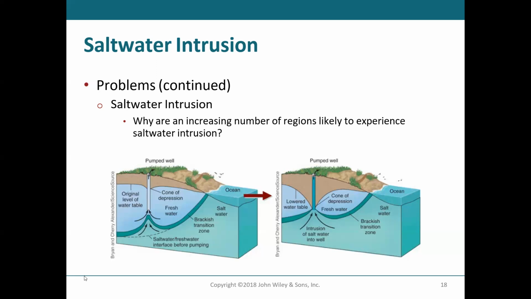So it's all based on human demand. Here in South Florida, we are very concerned about what will happen with increased saltwater intrusion into our aquifer. How will we give fresh water to all of our residents?